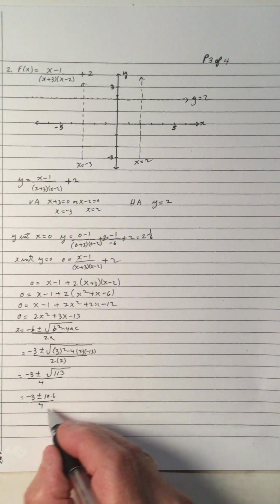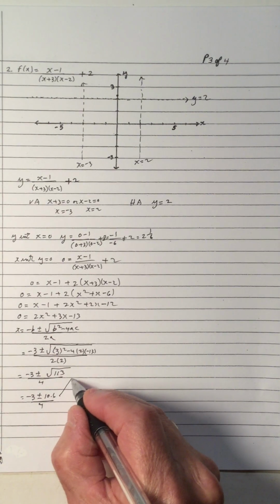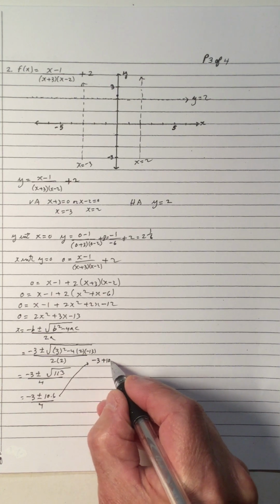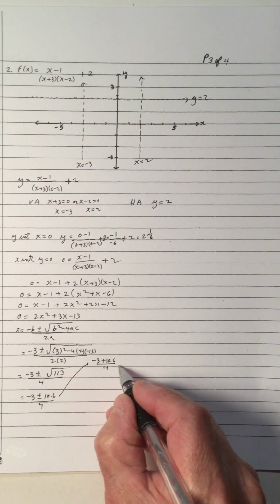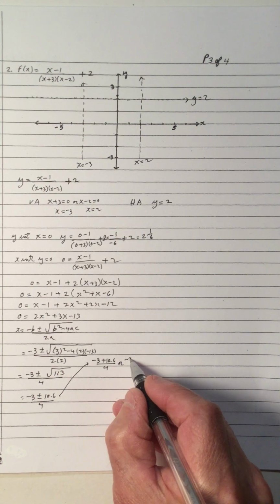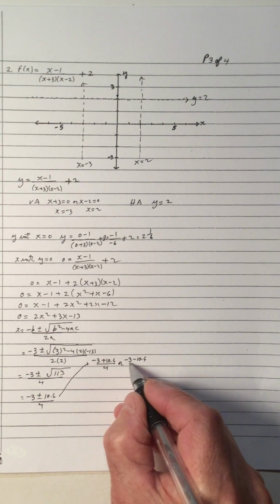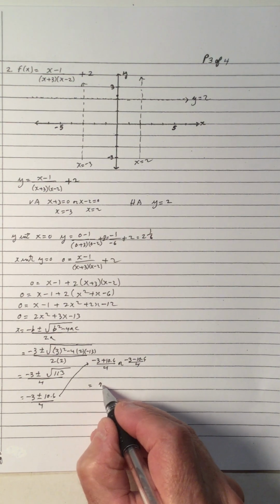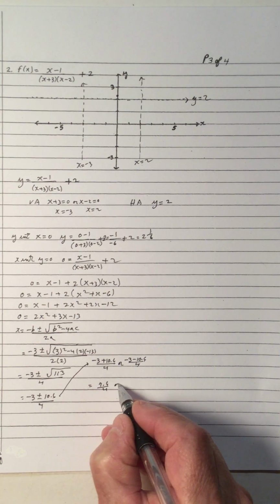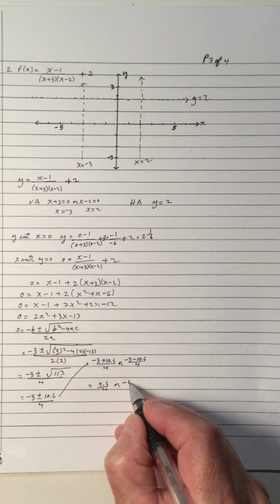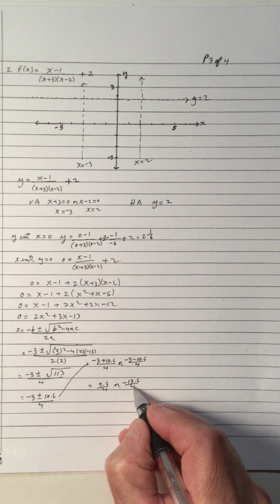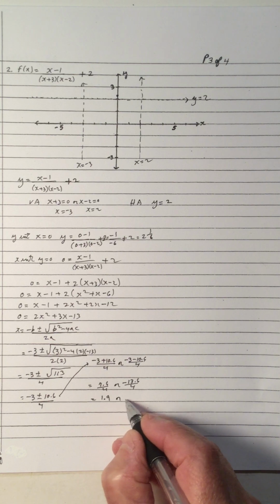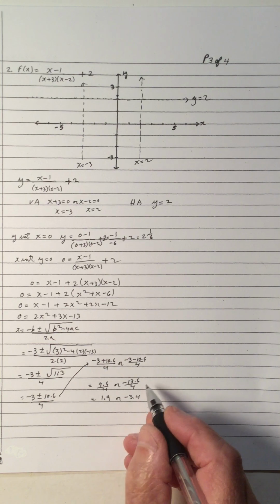And so that's negative 3 plus 10.6 over 4, or negative 3 minus 10.6 over 4. And that gives us 7.6 over 4, or negative 13.6 over 4. So that works out to be 1.9, or negative 3.4.